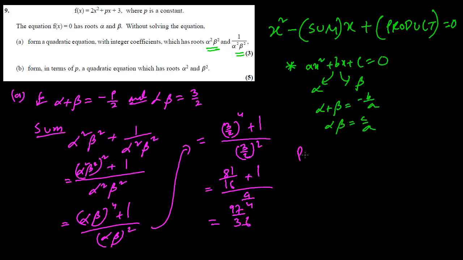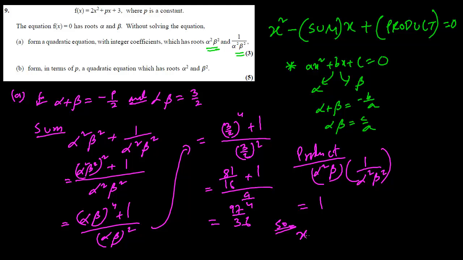Now we have to find the product. Remember, we need both the sum of the roots and the product of the roots. So the product is going to be alpha squared beta squared multiplied by 1 by alpha squared beta squared, and it cancels off and becomes 1. So we have found both the sum and product of the roots. The first information given is just for algebra. It has nothing to do with the question. Remember that.